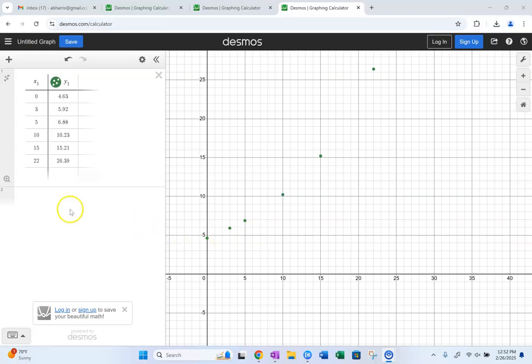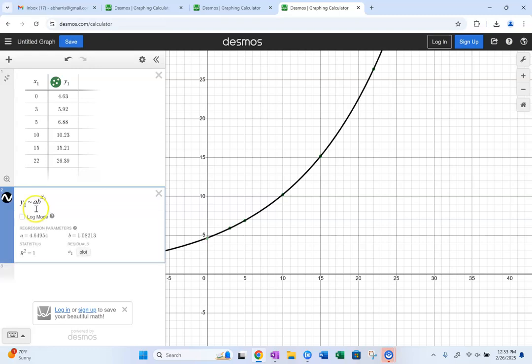So here you've got the data, and I zoomed out a little bit so you can see the scatter plot as well. Now we're going to punch in y1 tilde ab to the x1 and make sure we click on that log mode right there. We're going to note that and write our equation with the a and the b values given.